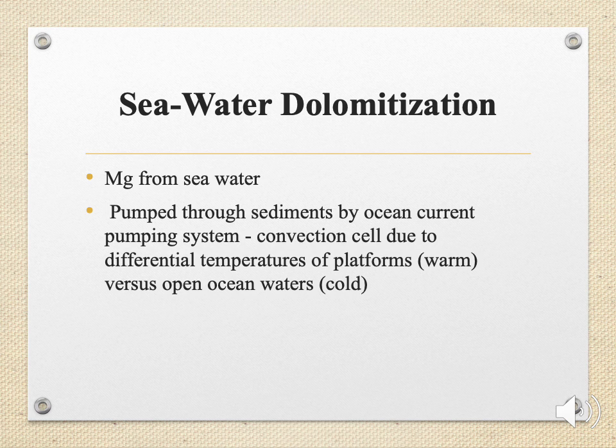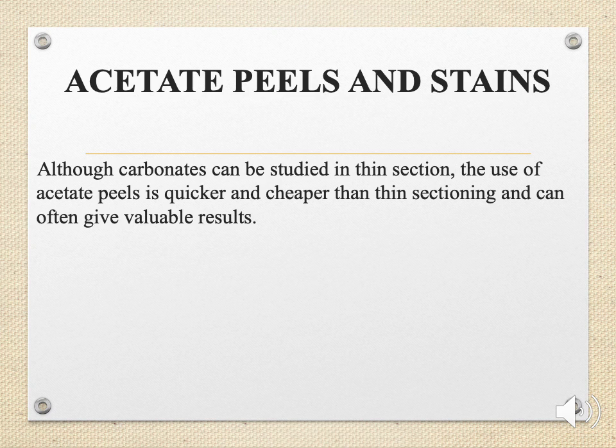That circulation is quite effective to supply a constant supply of magnesium to go into the lattice and to change these limestones, the calcites and aragonites. The corals are mostly aragonite, and so all of those aragonites get transformed to dolomite, the older stuff, right? All right, so very critical.